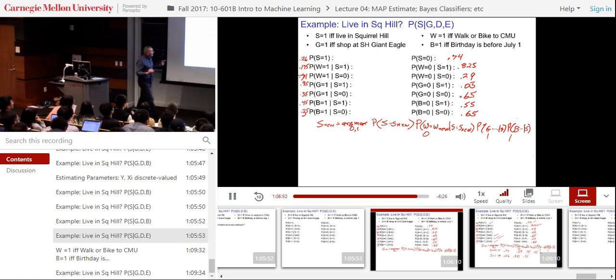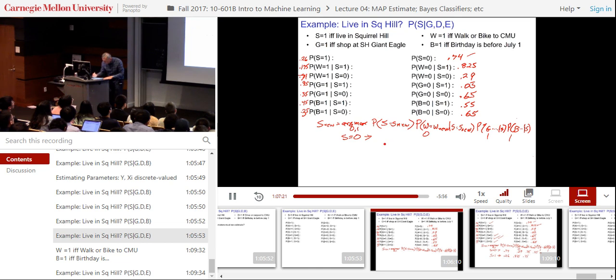All right, so now we have to calculate. What do we have to do? We have to calculate this thing for both lives in Squirrel Hill equals 0 and equals 1, right? So for the case where S equals 0, we have the prior probability of S equals 0, which is 0.74, right?